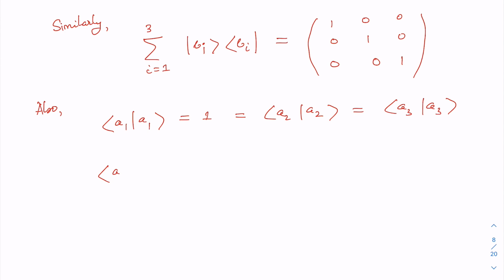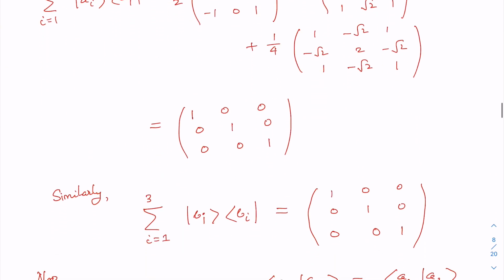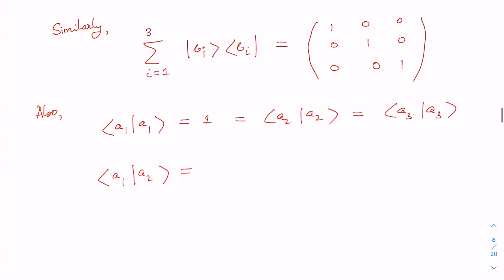Another thing, you can show that a1 and a2 are orthogonal by taking ket a1, bra a1. This part would be 1 by root 2 times 1 0 minus 1, and a2 is equal to ket a2, which is half times 1 root 2 1.